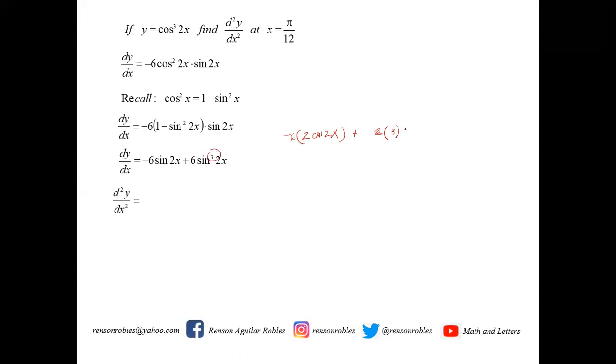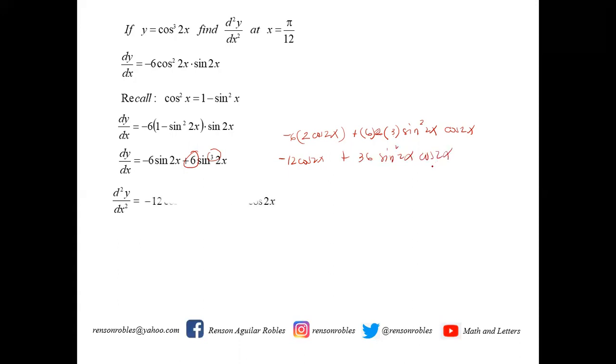And then you copy sine 2x, and then you subtract 1 from 3, and that is equal to 2, and then you simply affix cosine 2x, and do not forget to multiply it by 6. So this is negative 12 cosine of 2x plus how many? That is 6 times 2, 12 times 3, that's 36 sine squared 2x cosine of 2x.